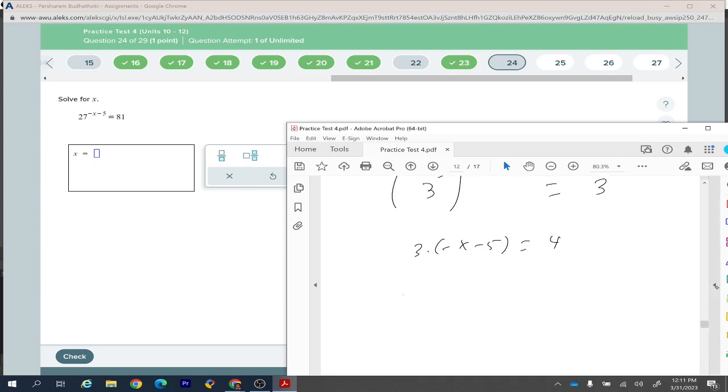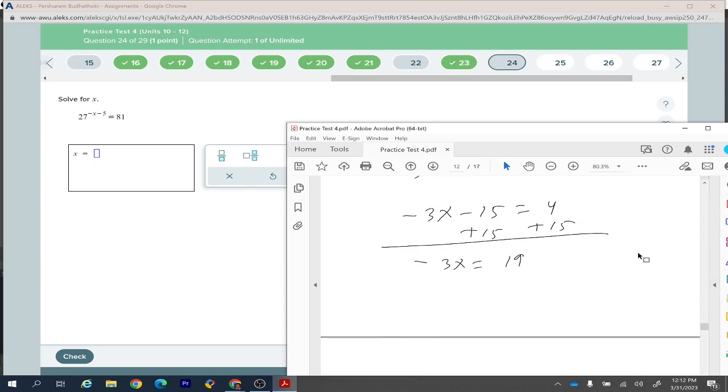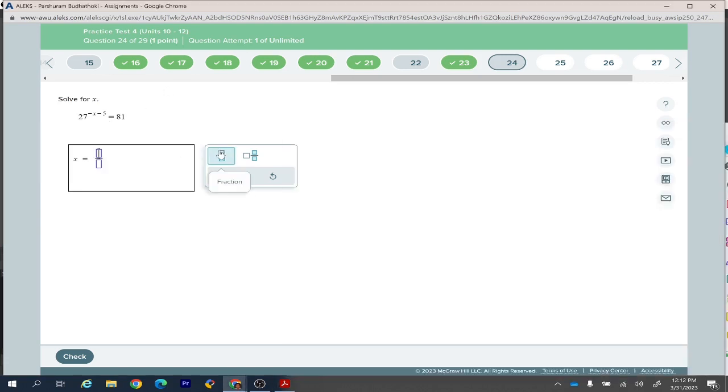This is negative 3x minus 15 equals 4. Add 15, that is negative 3x equals 19. Just divide both sides by negative 3. That's going to give you x equals negative 19 over 3. So the answer for this one is negative 19 over 3.